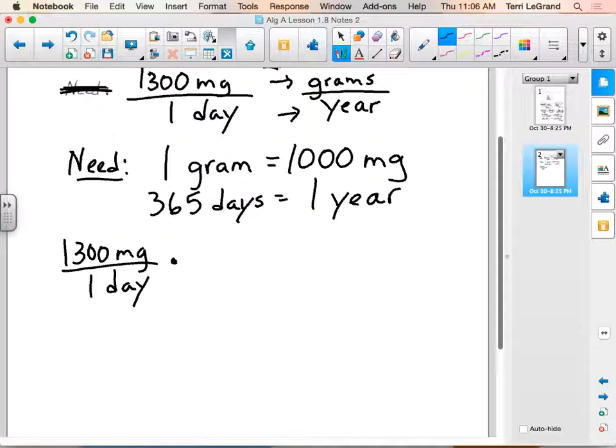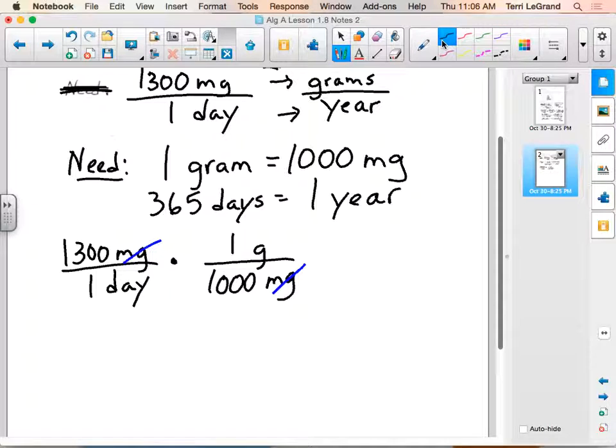We need the milligrams to go away, so they need to be on the bottom. So the 1,000 milligrams needs to be on the bottom, which puts the 1 gram upstairs. Otherwise we can't do some canceling, we don't have a good setup, and we have to go back and flip it.